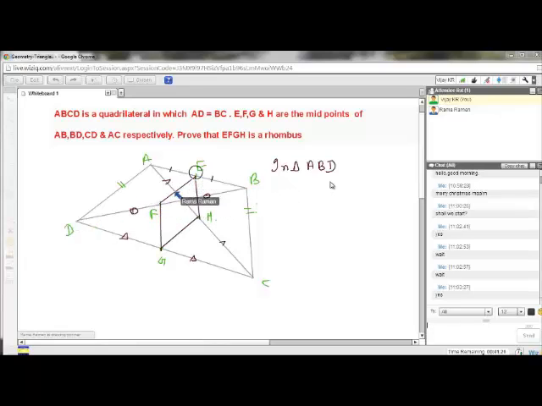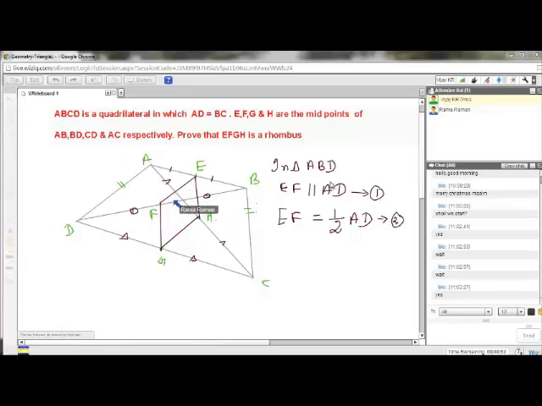So, if you join EF, we know EF is parallel to AD and EF is half of AD. Okay, so EF is parallel to AD and EF is half of AD.